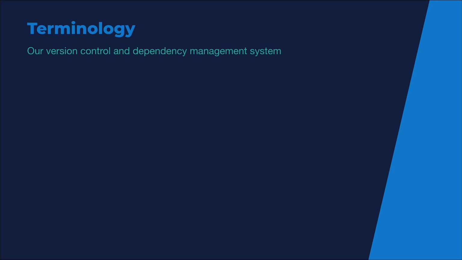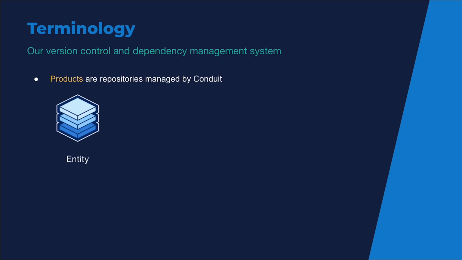Before we dive in, let's review some terminology. Think of a product as a version-controlled directory of production content. The behavior of products were defined using archetypes. There were many different types of products, however, the majority fell into three major categories. First, entities, such as assets, shots, or scenes, were aggregations of element products.